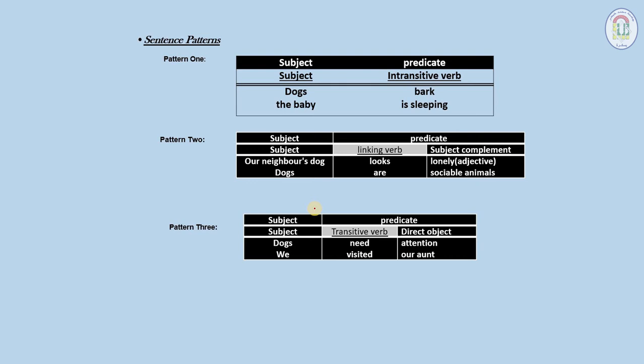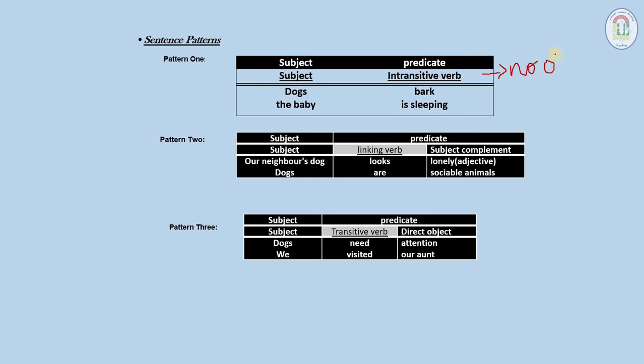We have pattern number 1, which is a subject and the predicate. This is normally the general pattern, but concerning the main patterns, we have subject plus intransitive verb. What is an intransitive verb? It is the verb that does not need an object.